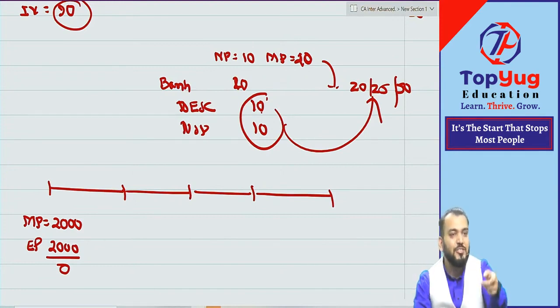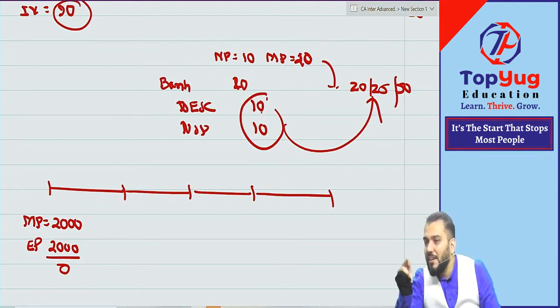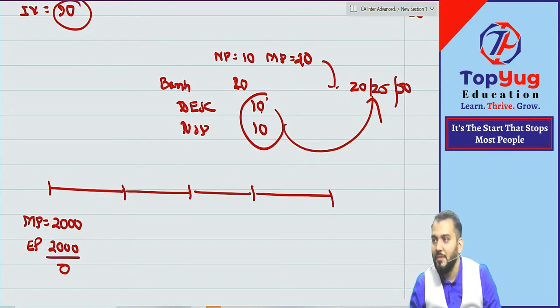In the last class I was saying that an option is a right to subscribe to shares at a price. I was writing something, then you stopped me, saying sir, lower than the market price.